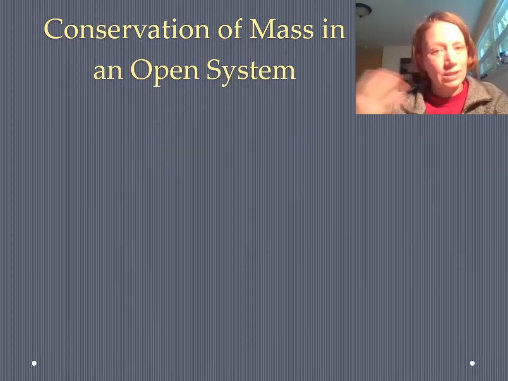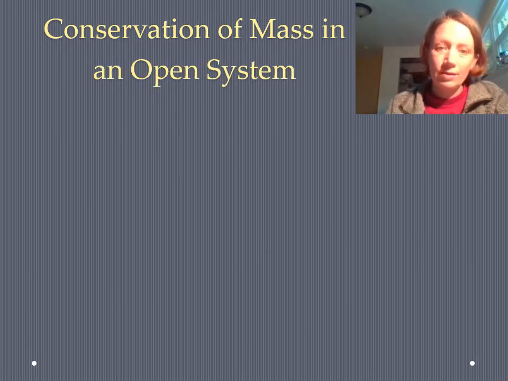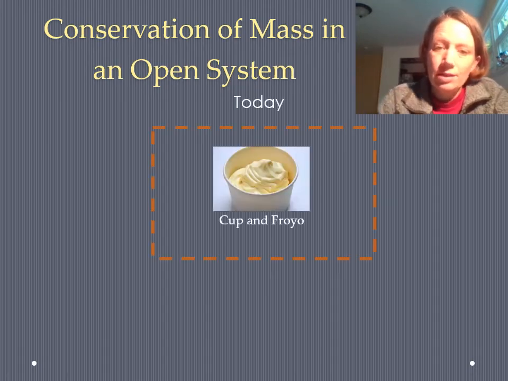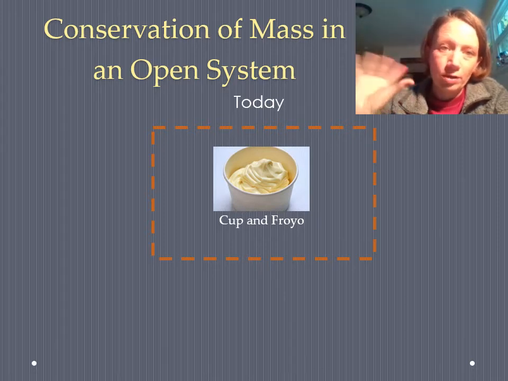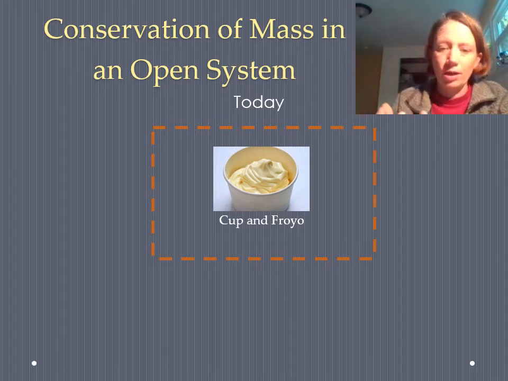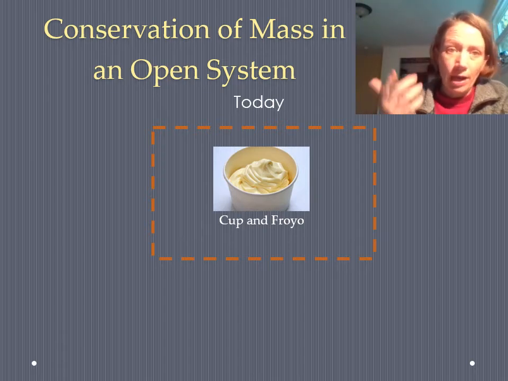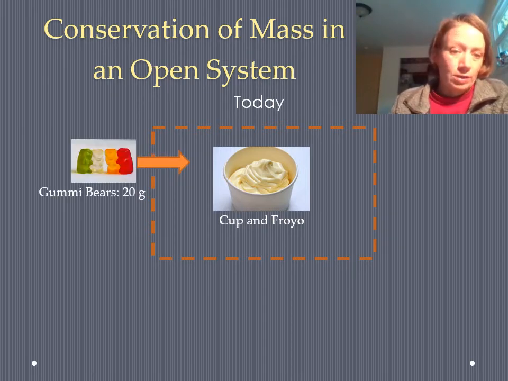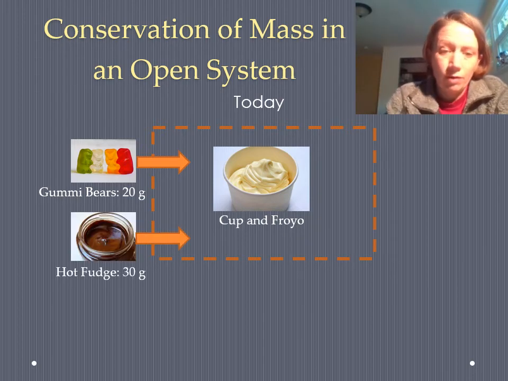All right, let's do an example of how we would see mass being conserved or tracked in an open system. Let's assume we have a system that starts with a cup and froyo in it. So we're at the froyo store, someone handed us a cup that already had the froyo in it. That's my system now. Now, probably you might want to add a few things to that. For example, maybe I'll add 20 grams of gummy bears and 30 grams of hot fudge.